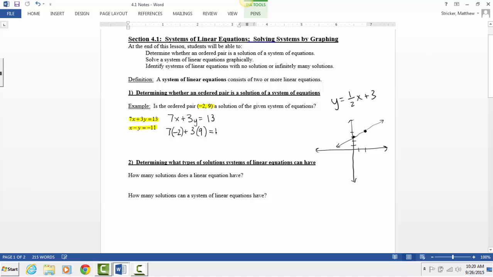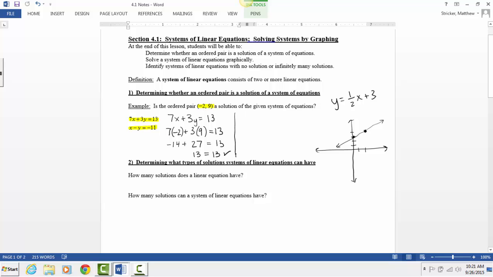And that should be equal to 13. 7 times -2 is -14. And 3 times 9 is 27. -14 plus 27 is in fact 13. 13 does equal 13. So -2, 9 is a solution to the first equation.